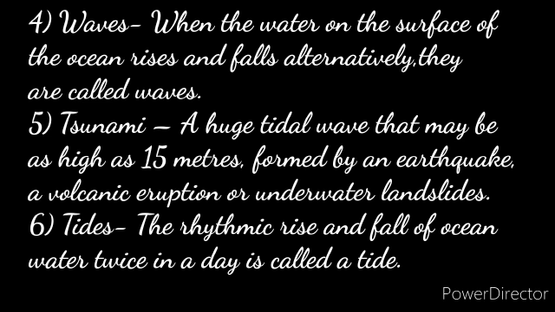Waves means the water on the surface of the ocean rises and falls alternatively, and tides means the rhythmic rise and fall of ocean water twice in a day. So that's the only difference between waves and tides.